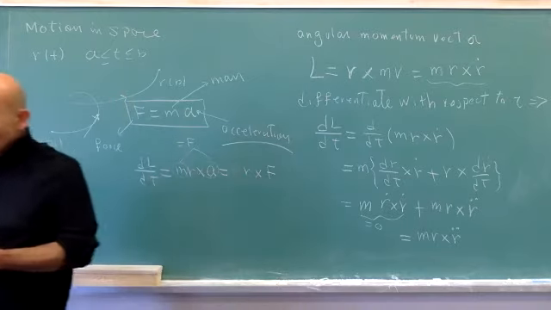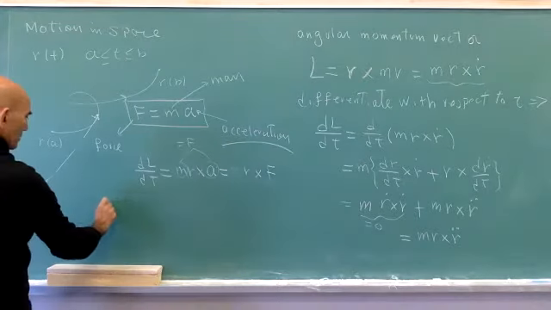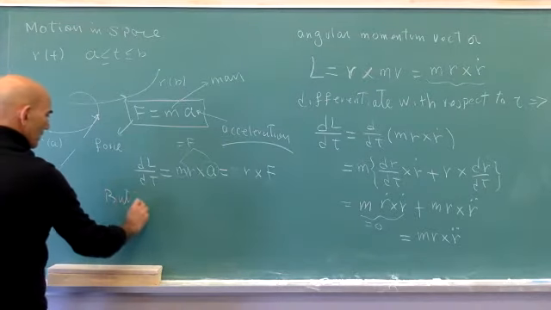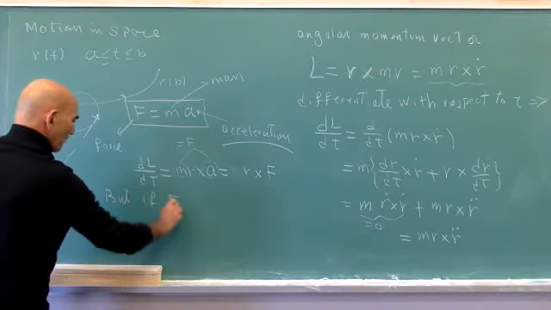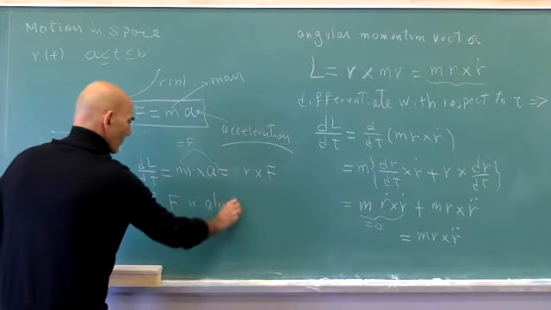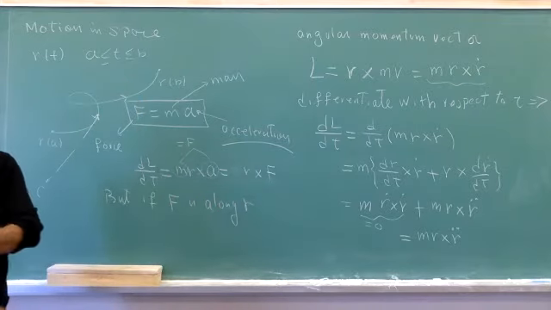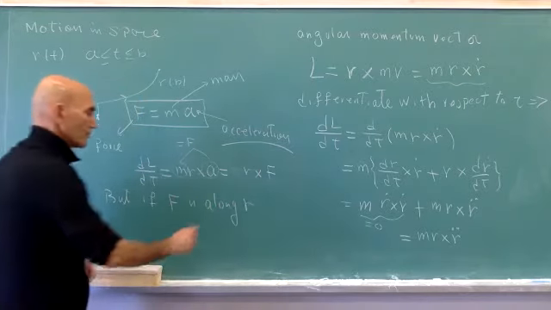Okay. Now, in planetary motions, the force has some particular property. It's always attractive towards the sun, towards the center of attraction. So if F is along r, such forces are called central forces.